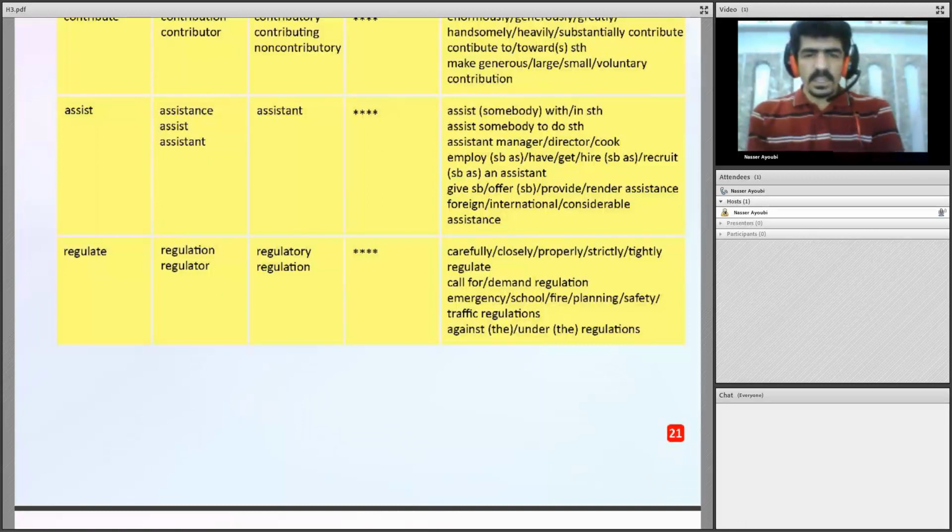Emergency regulations, school regulations, fire regulations, planning regulations, safety regulations, and traffic regulations. And the last one is against the regulations or under the regulations. For example, it is against safety regulations to do something.